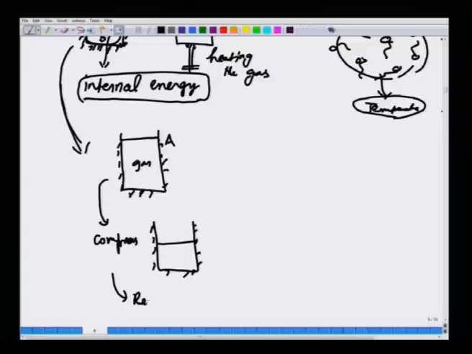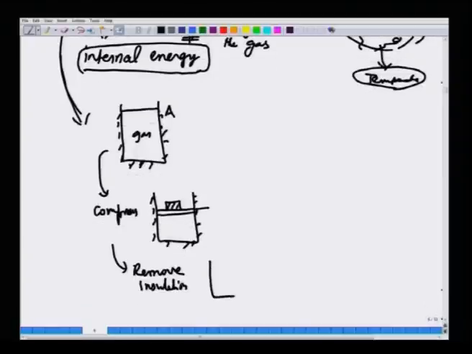Now remove the insulation and expose it, but maintain the position. So, let us say we are compressing using a weight. So, maintain the position of the weight, so that you are not allowing the piston to expand. Okay. So, just remove the insulation.